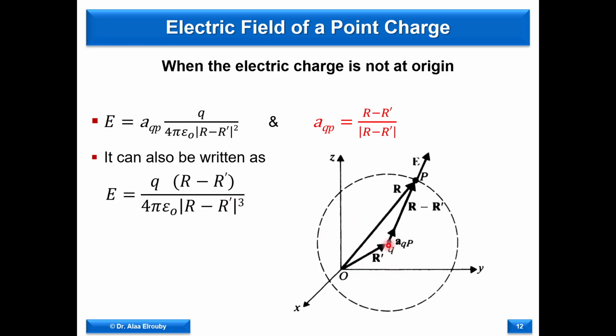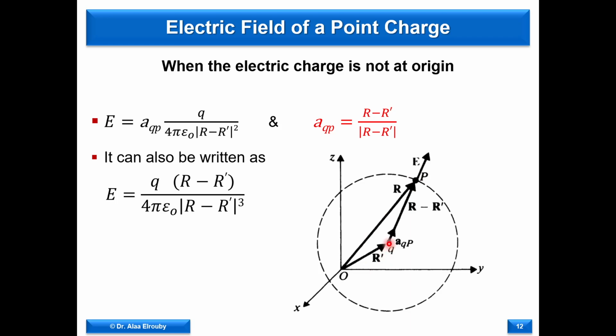We have Q, and we want to find the electric field at any arbitrary point B. So this is the problem. We have a point charge at any arbitrary point, and we want to find the electric field at another arbitrary point. So how would we solve this problem?